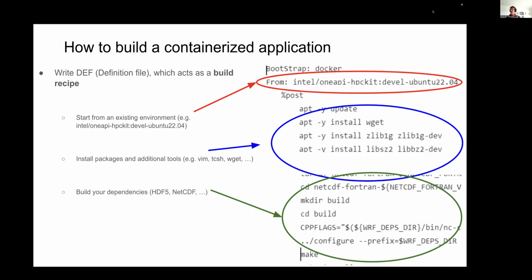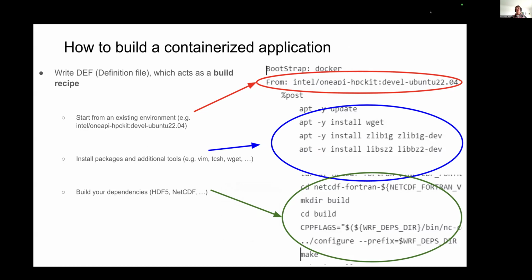You don't have to take notes in your personal notebook and go back and skim through your personal notes to figure out how to build the coupled model, or any complex build system. In this particular case, I'm just going to emphasize 3 areas here. This is just an excerpt of that recipe file, which is called a definition file.